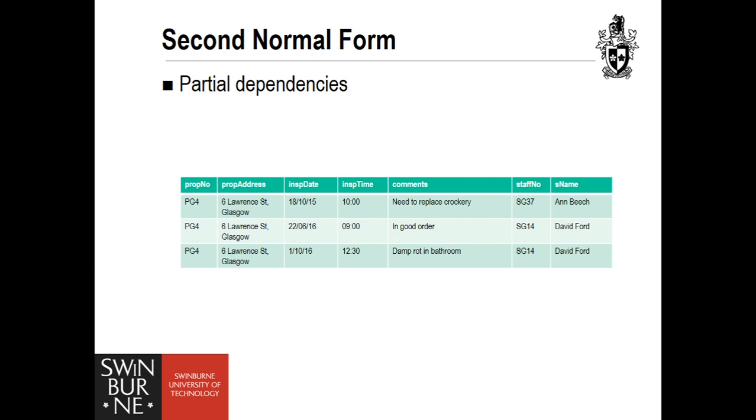If there are several inspections a day, we would have to use the time as part of a key that defines the inspection of a property. Comment is inspection specific, and we have already observed that prop number and inspect date can uniquely define an inspection. So, like the inspection time, comment is defined by prop number and inspect date. The staff number who conducted the inspection is also inspection specific. If we know which inspection we are talking about, we can also tell what staff number conducted it.